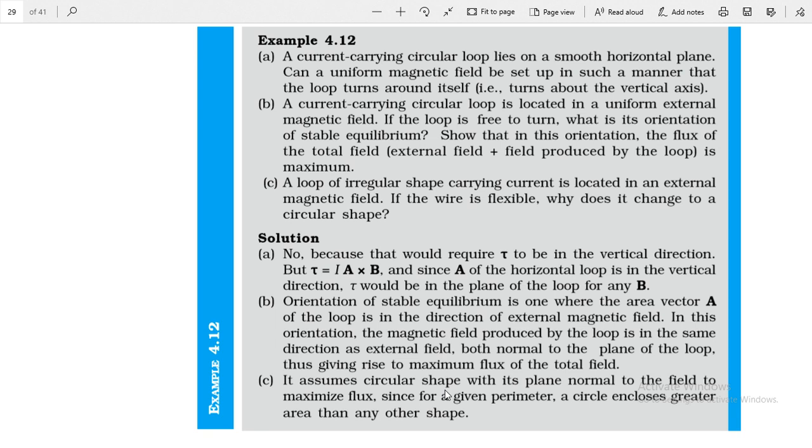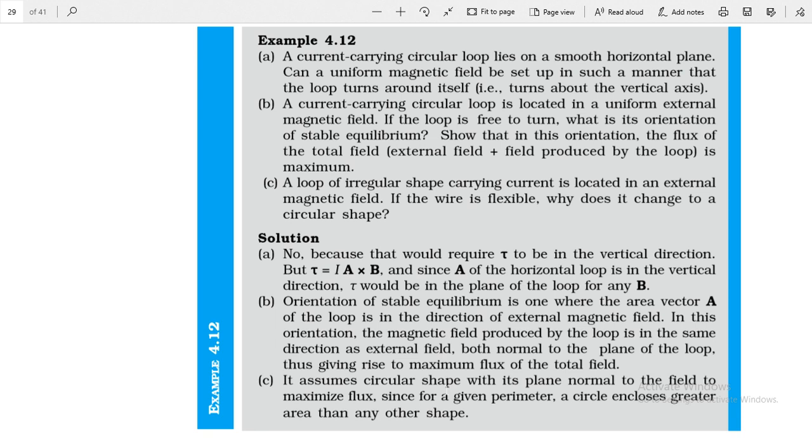Okay, so here a uniform magnetic field has to be set up. The second part of the question is: a current carrying circular loop is located in a uniform external magnetic field. If the loop is free to turn, what is its orientation of stable equilibrium, so that in this orientation the flux of the total field, that is external field plus field produced by the loop, is maximum.